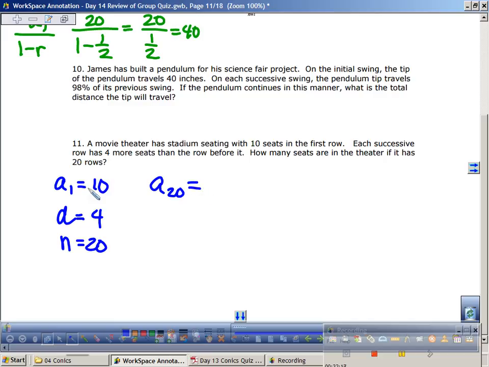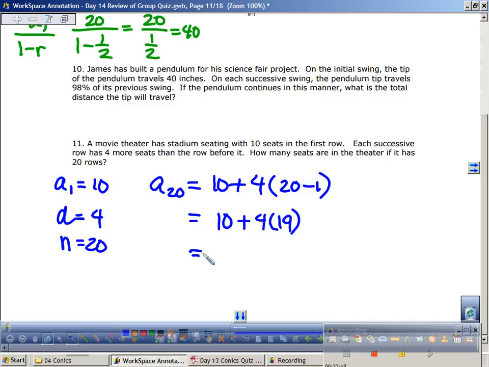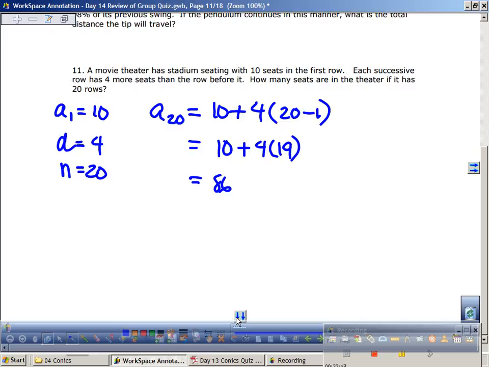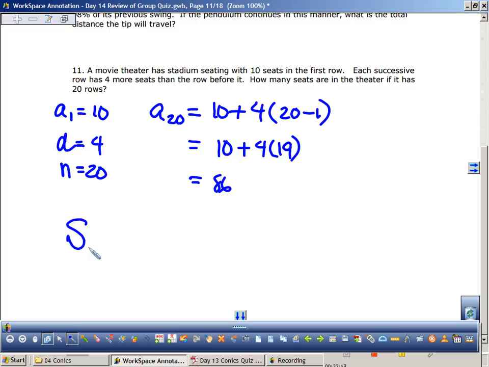A sub 20 takes the first term, which is 10, add b, which is 4, times however many rows we have minus 1, which is 20 minus 1, which equals 10 plus 4 times 19. 4 times 19 is 76. 76 plus 10 is 86. I'm going to use that in my summation.